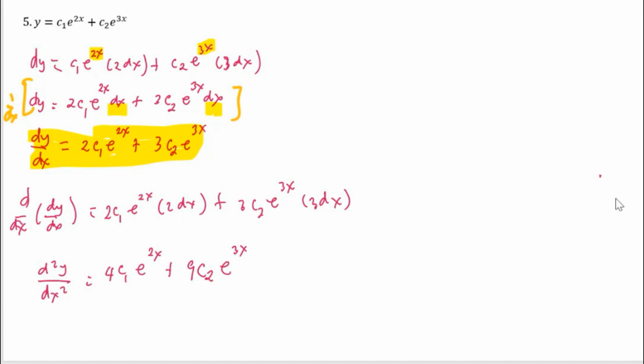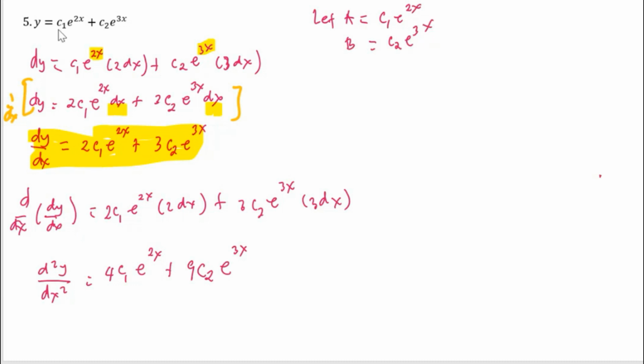It can be written now in a simplified form. So I am going to let a be equal to c sub 1 of e raised to 2x, and I will let b be equal to c sub 2 of e raised to 3x.